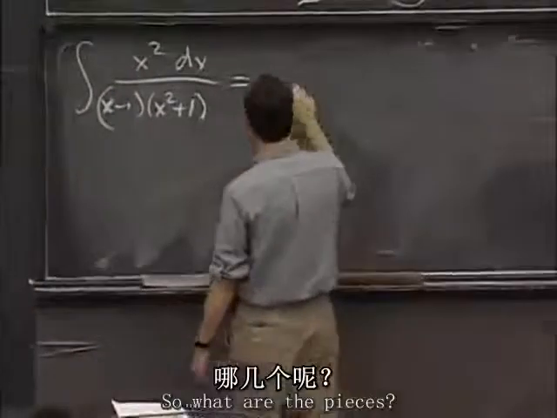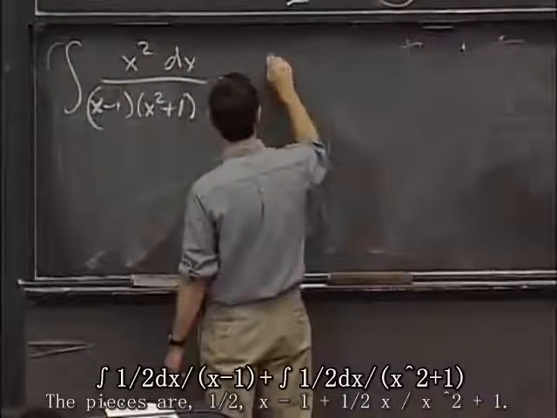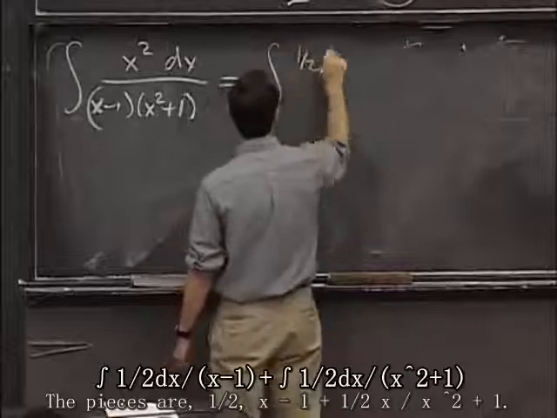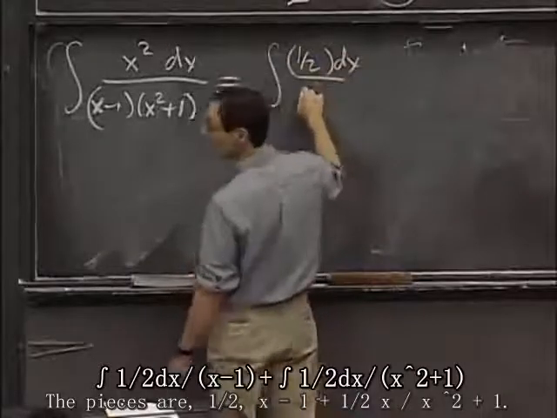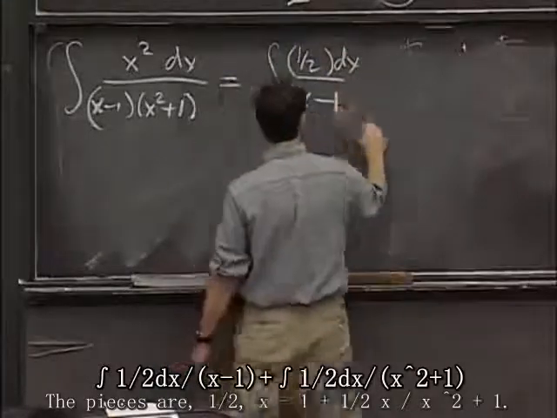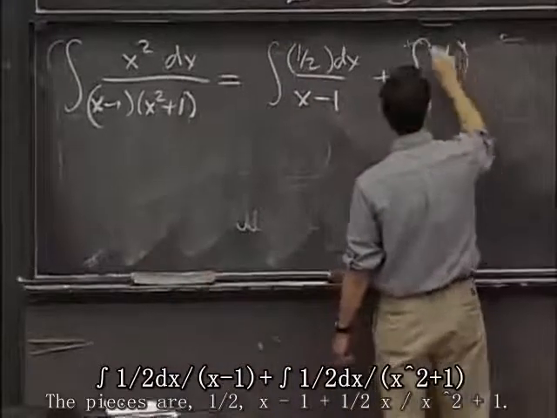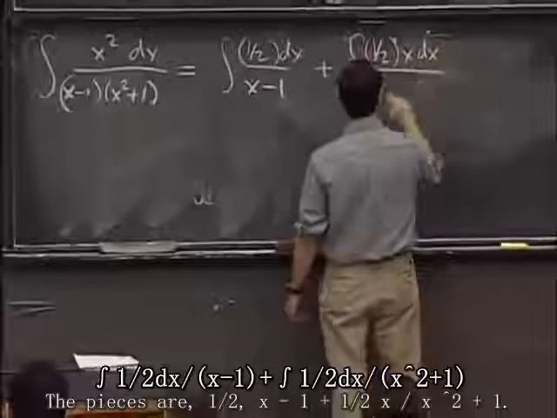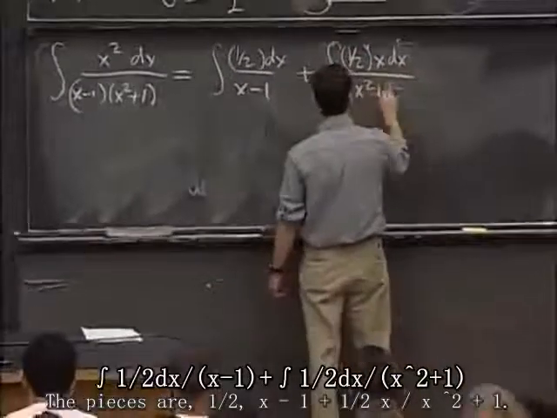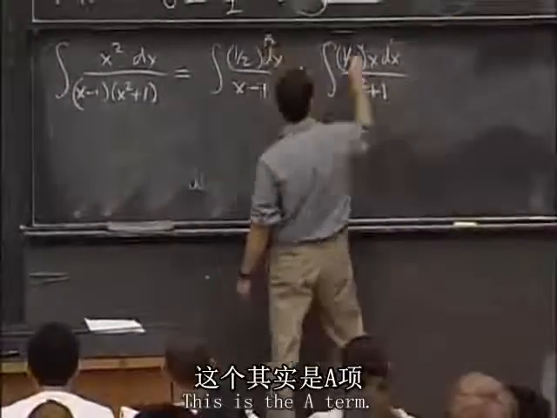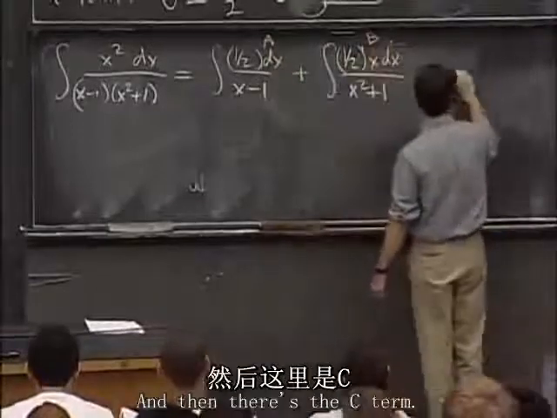So what are the pieces? The pieces are a half over x minus 1 plus a half x over x squared plus 1. This is the a term, this is the b term, and then there's the c term.